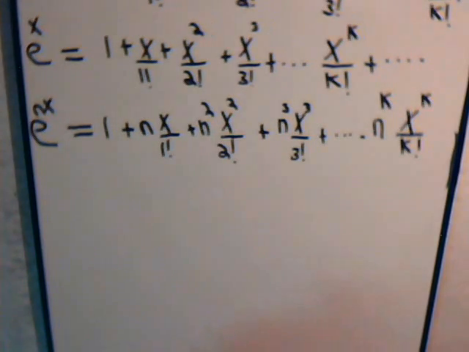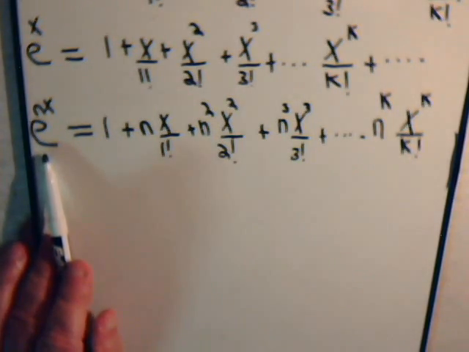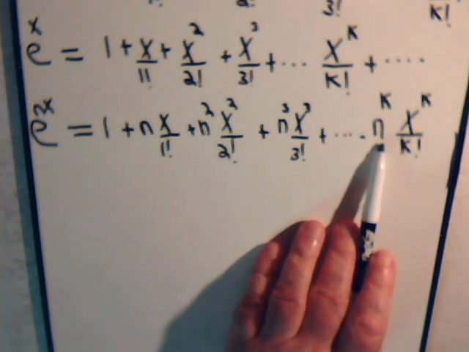So if we have a generating function that's equivalent to e to the nx, and we want to know what is the coefficient of x to the k divided by k factorial? It is simply n to the k.